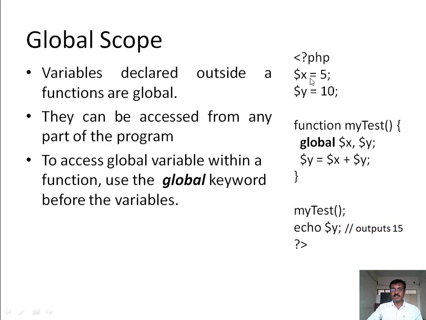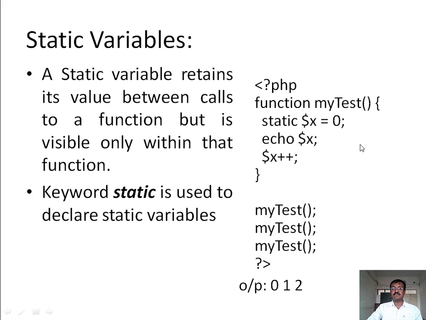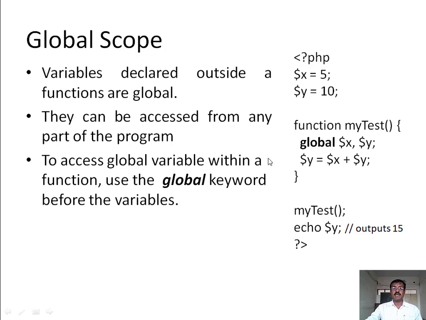So to access those variables within a function, we need to declare the variables x and y with a keyword called global. Then only we can access these global variables within the function. So this is about your global scope variables.